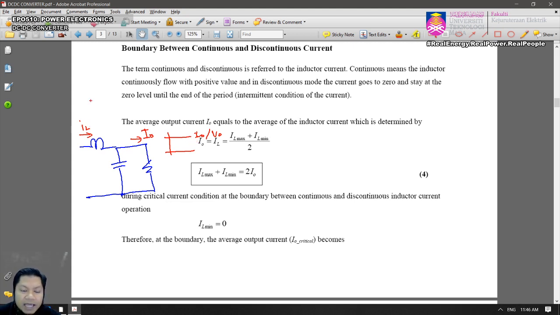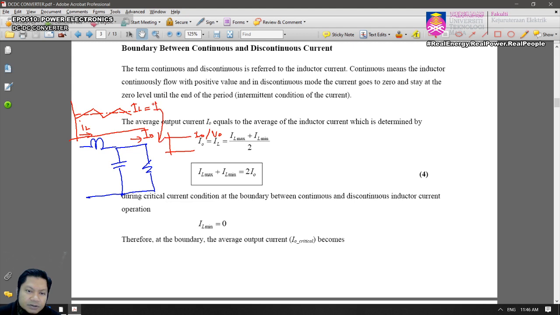But for IL, we know just now it is sawtooth, isn't it? If I can show you the axis, it is sawtooth. So the average of this current, if I take the average of IL, is also equal to the output current, isn't it?